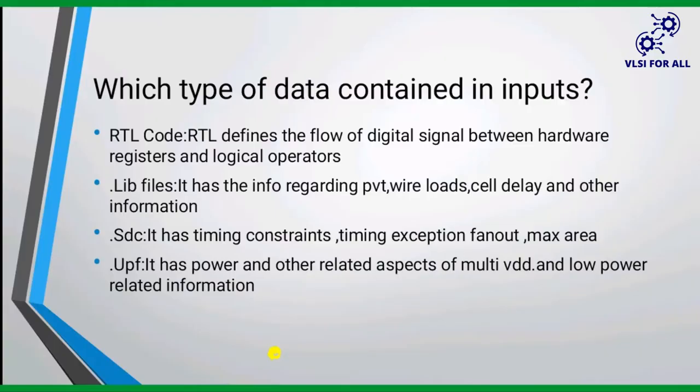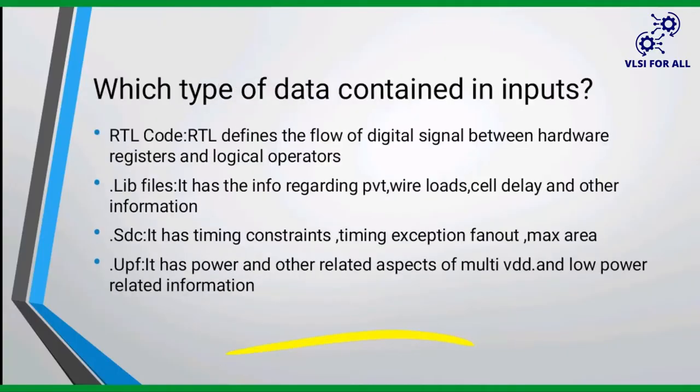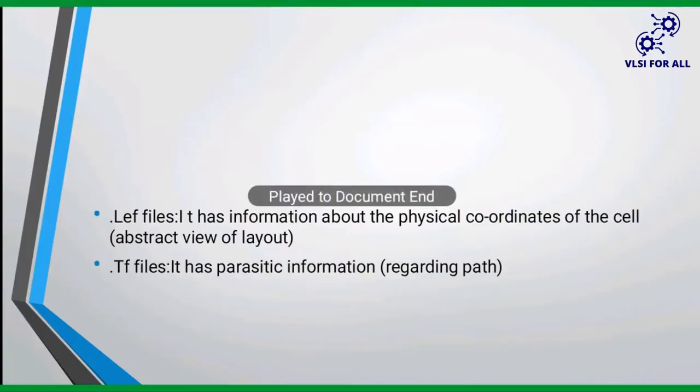Next, what is UPF? UPF contains power related aspects such as multi-VDD domains, low power information, everything comes under UPF. Next, after UPF, what do we have? Physical library, that is .lef. It has the information about physical coordinates. Physical coordinates in the sense of where the cell was placed, in which layout the cell was placed. All that information is contained in the physical library files.